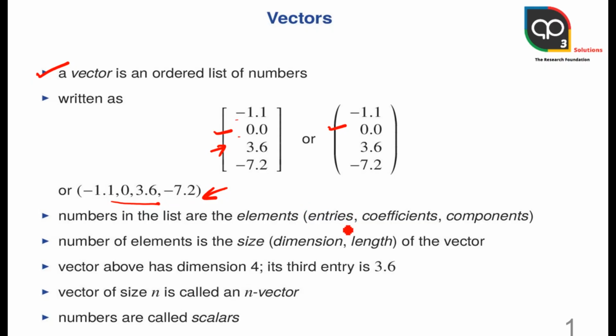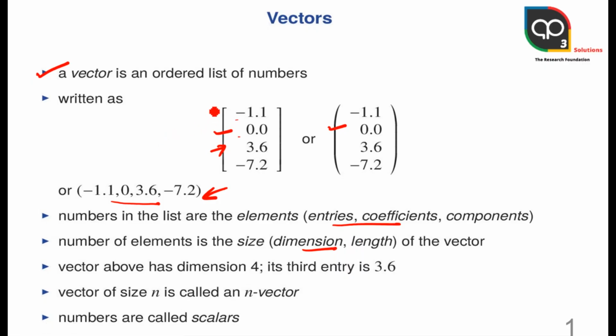The elements, entries, coefficients or components of a vector are the values in the array. And the size, which is also called the dimension or length of the vector, is the number of elements it contains.